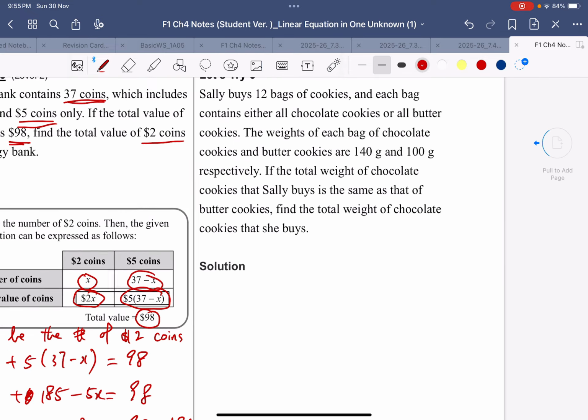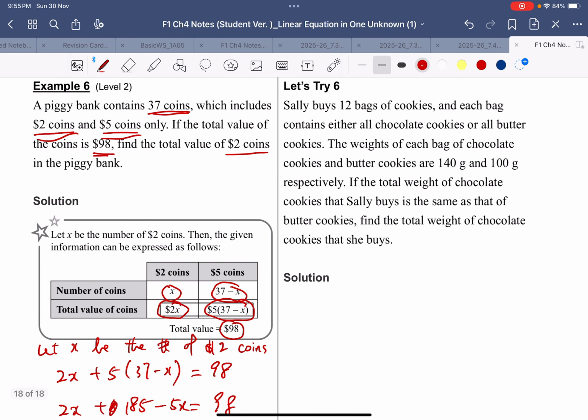Okay, your turn to try this. Similar things. If you have X bags of chocolate cookies, you should have 12 minus X bags of butter cookies. So let Sally buy X bags of chocolate cookies.